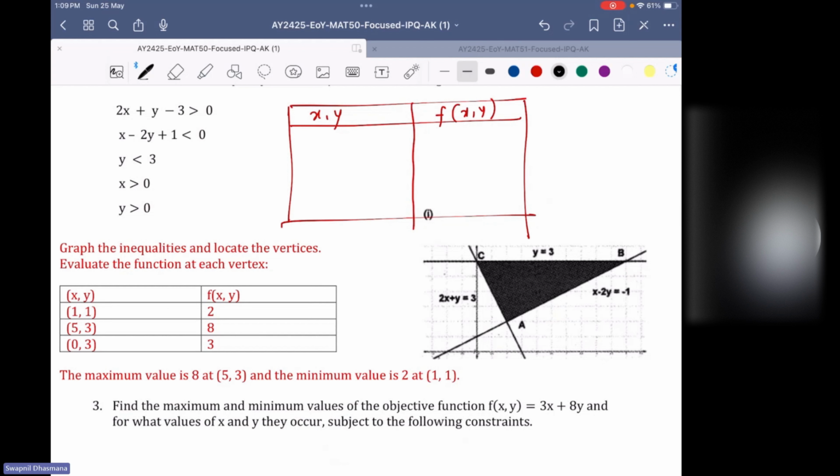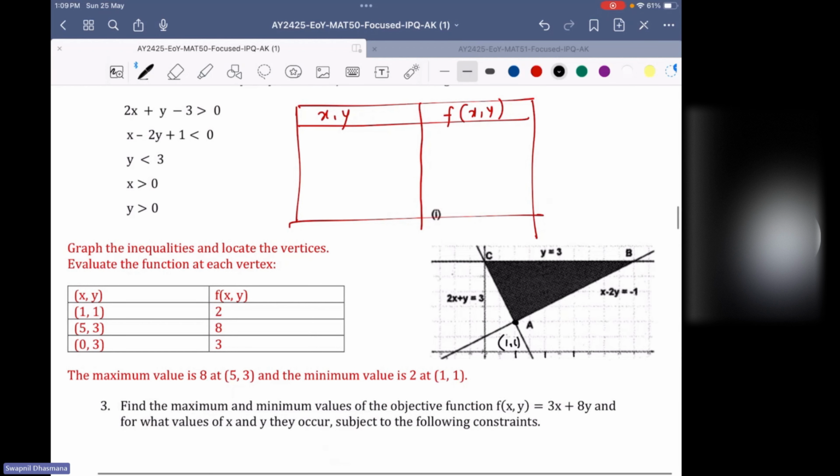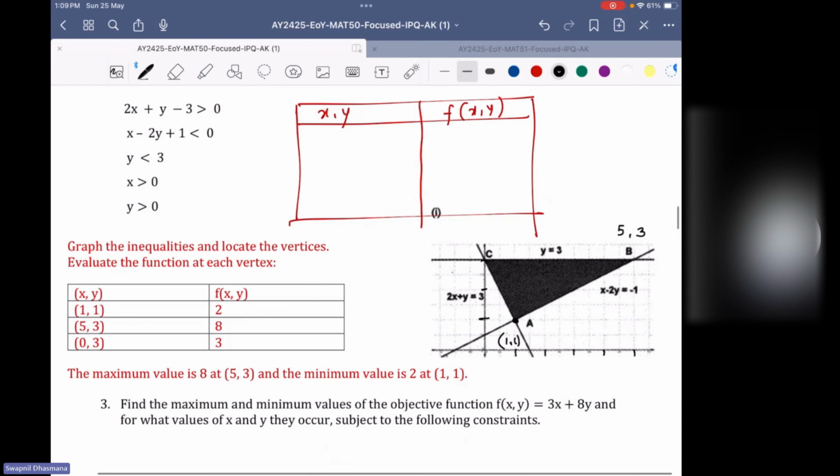So I'm assuming that this point is 1, 1. It's blurred, so you cannot see it. So if I go by 2 blocks, 1, 2, 3, 4, 5. This point would be 5, 1, 2, 3, 3. And this point would be 3. So 0, 3.